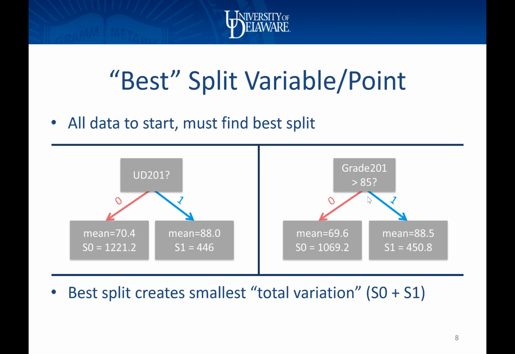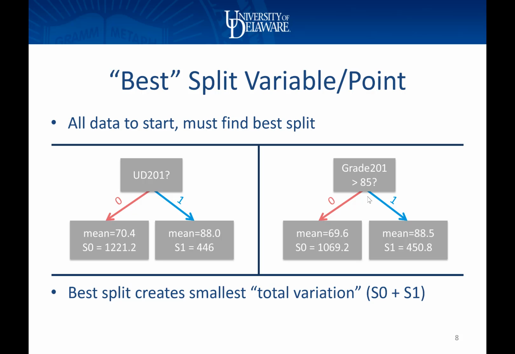So of these two choices, we prefer this one because when we look at those two groups, we've taken 10 observations and we've divided it into two groups. And the total variation across those two groups is now smaller because we're not taking the total sum of squares for everything with one mean.